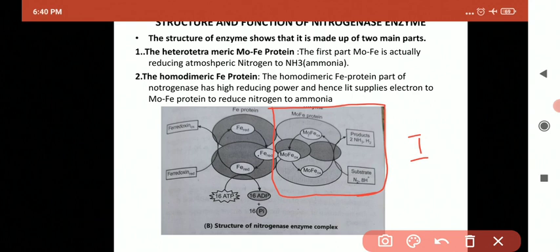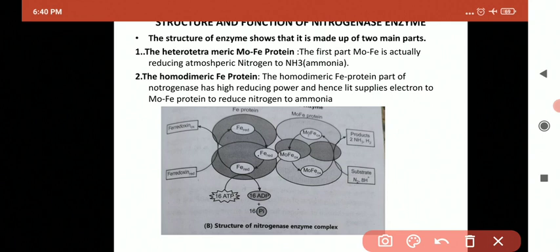Each FeMo cofactor then acts as the site for N2 fixation. This is the site for N2 fixation in the MoFe protein. Component 1 is also known as dinitrogenase component or protein 1 component, or it is also called molybdenum iron protein, that is, MoFe protein.